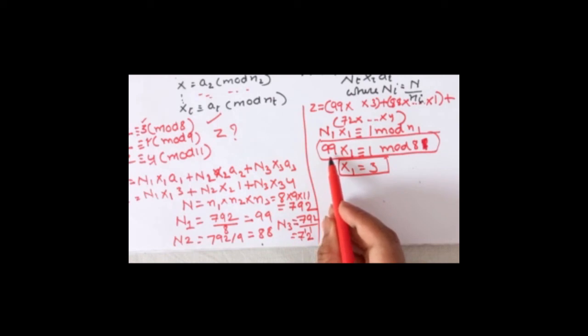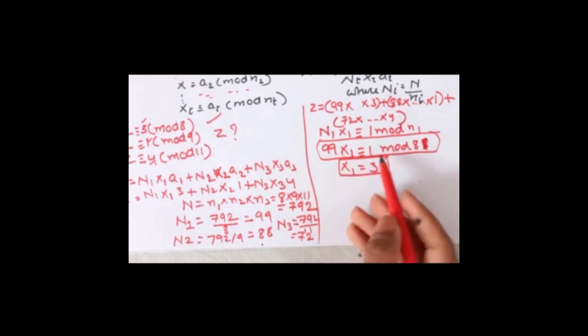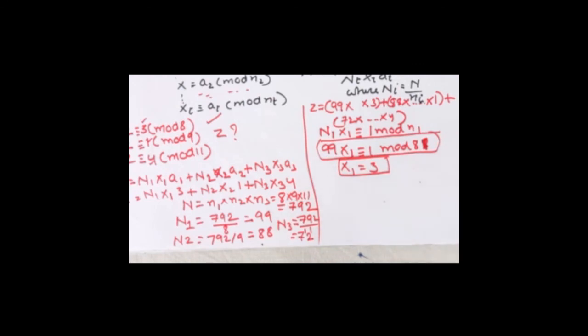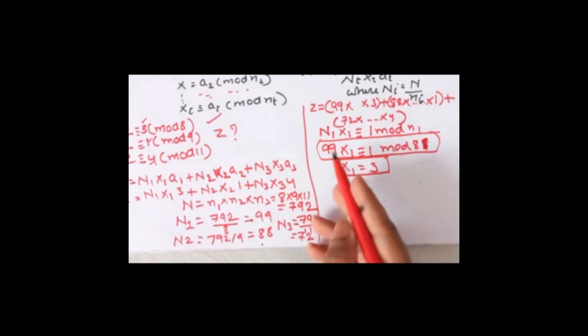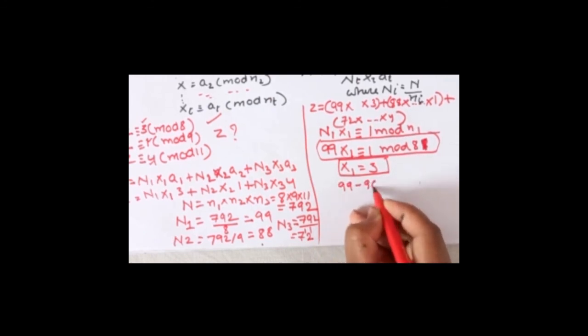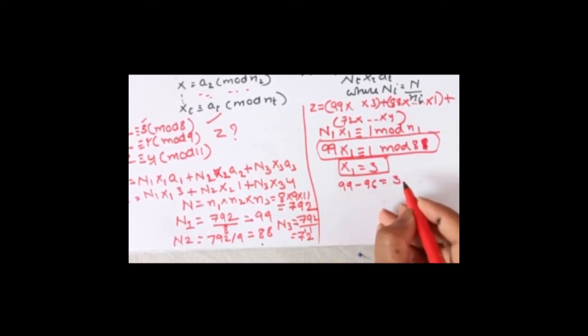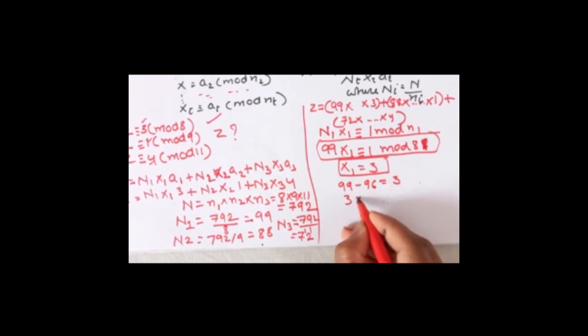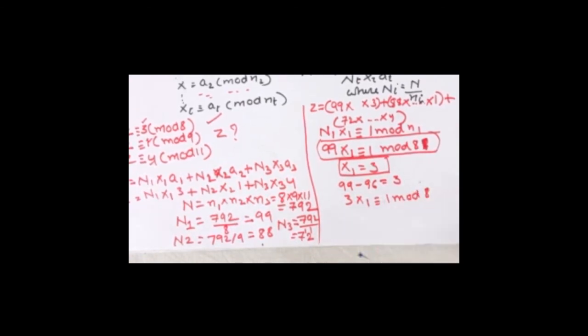So which is just smaller than 99? 96. If you count the table of 8, you will get 96, which is just smaller than 99. After that is a bigger value than 99. So when I got that, what am I supposed to do? Just do 99 minus 96, which you get as 3, and that is the answer. 3x1 is equal to 1 mod 8.